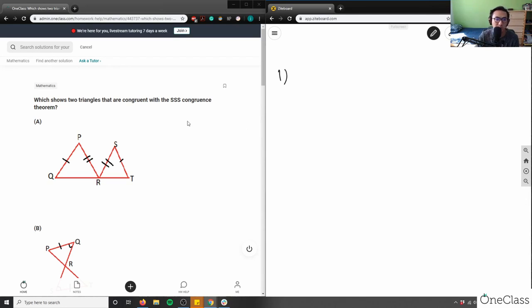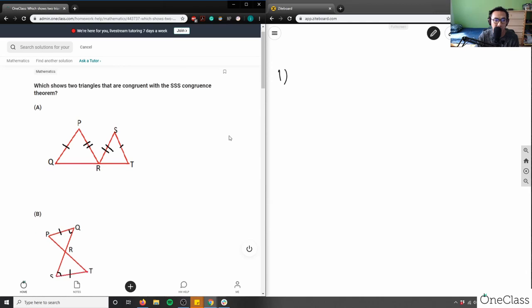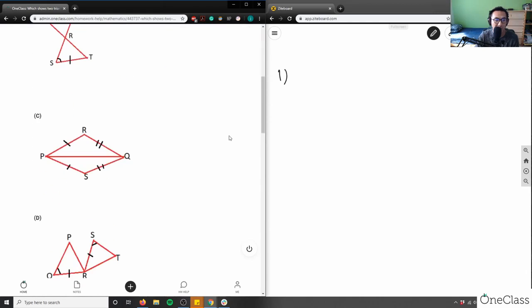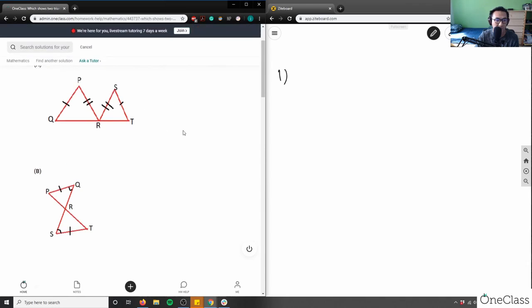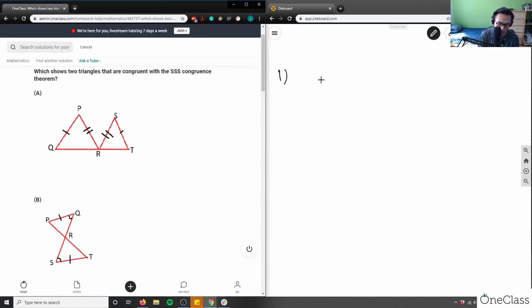So it says, which shows two triangles that are congruent in the SSS congruence theorem. I have four triangles here. I'll show you the first two and then the second two as well.